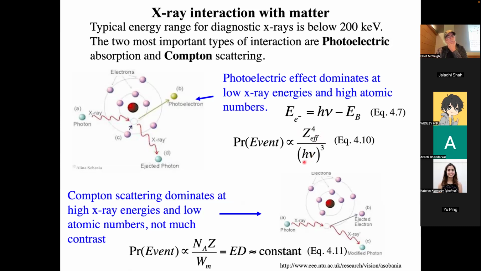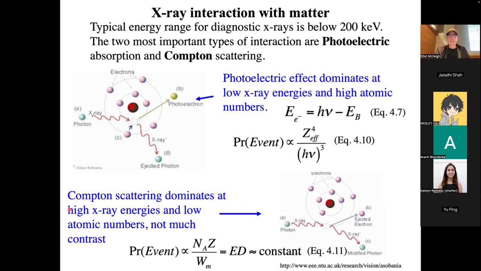It also, this type of interaction, the probability of it occurring decreases quite significantly with energy. So as the energy of the incident X-ray goes up, the percentage of interactions that are photoelectric, or the probability of this occurring, goes down precipitously.